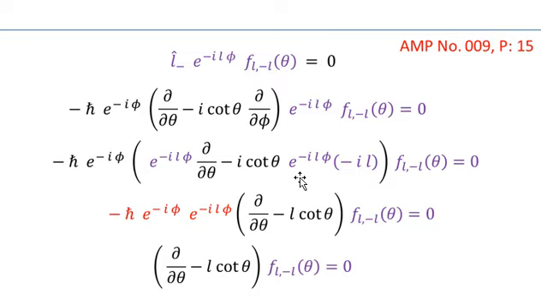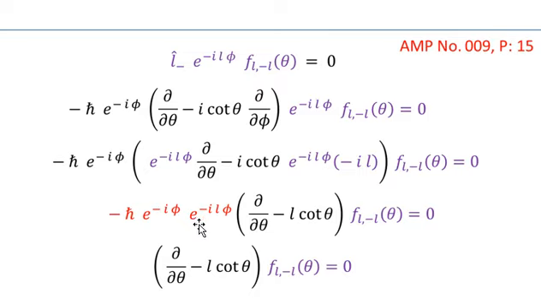And then of course you can take the common terms, shown in red on the left hand side of the parenthesis, that is minus h bar e to the power minus i phi, and then e to the power minus i L phi has been moved on the left hand side.